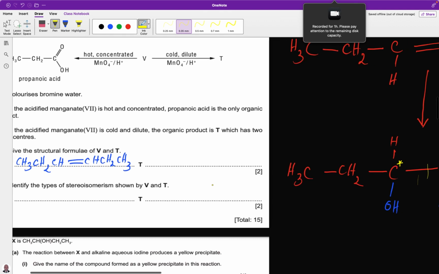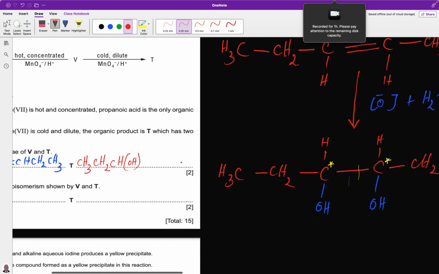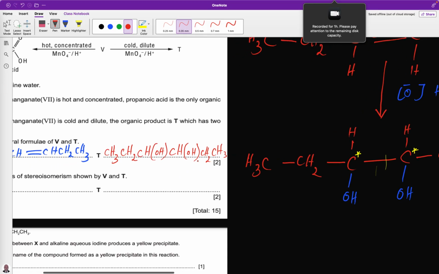The structural formula for T will be CH3, CH2, CH, OH, CH, OH, CH2, and CH3. That will be the structural formula for T.